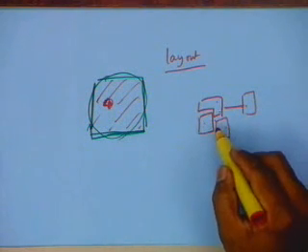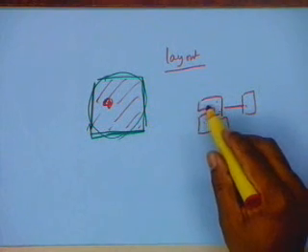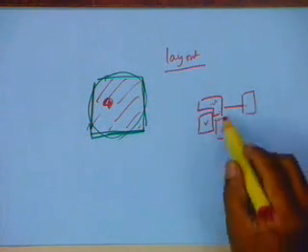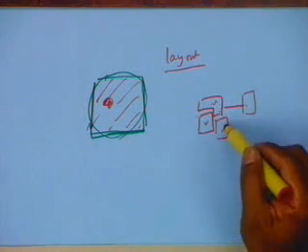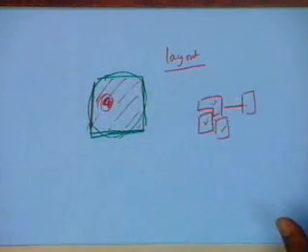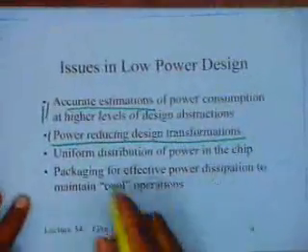But now another factor has come in: you cannot pack anything closely, because if these are high power consuming modules and you pack all of them closely, a hotspot will get generated. So when you are doing a layout, you need to bother about how the power consumption is getting distributed on the chip. So that is another type of transformation.